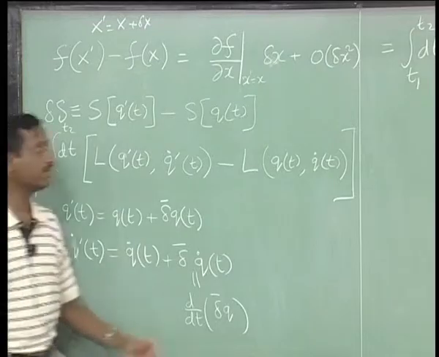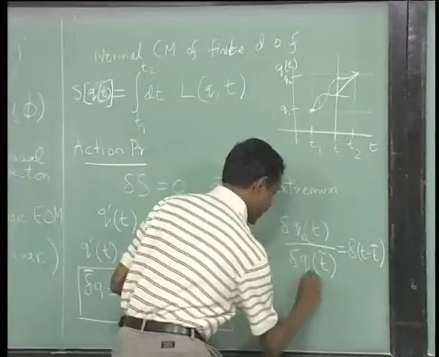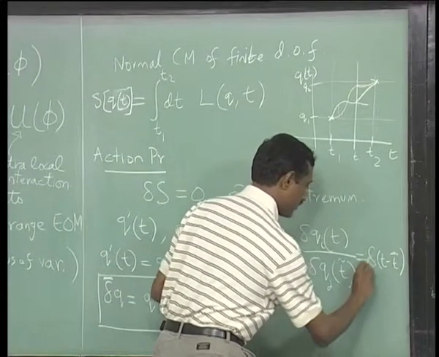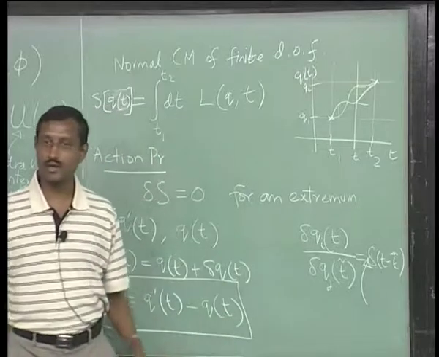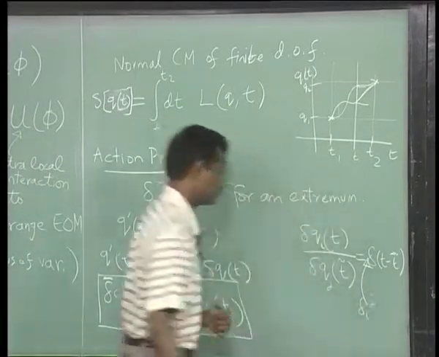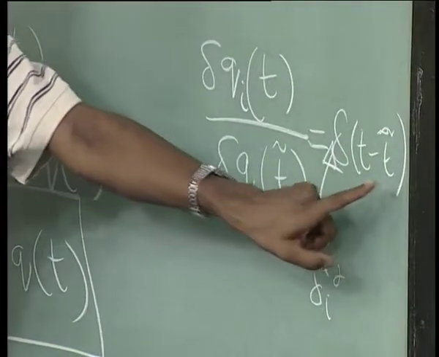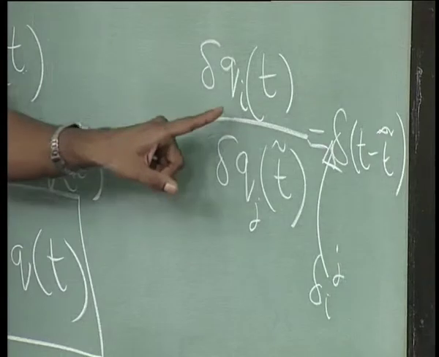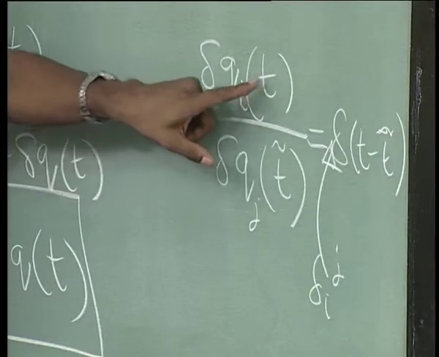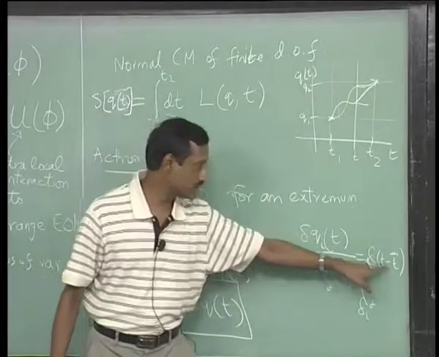For each one of them I have to do the same thing, and the only thing we need is the generalization of this. It is i and j, and I fix that by putting a Kronecker delta. So what this tells us: first, the original Dirac delta function tells you that if you take a particular i at two different times, the delta q's are independent of each other.